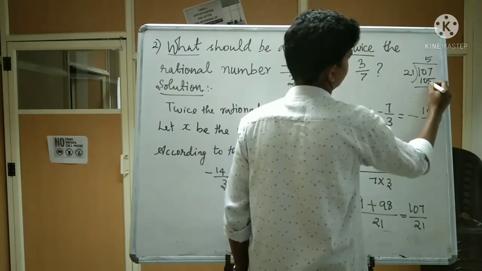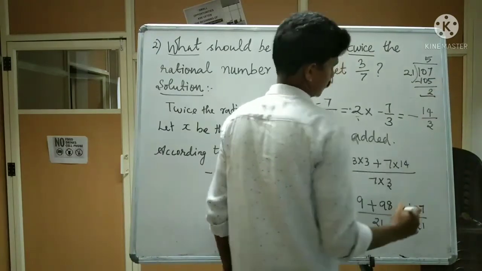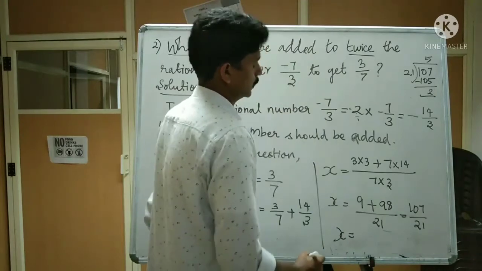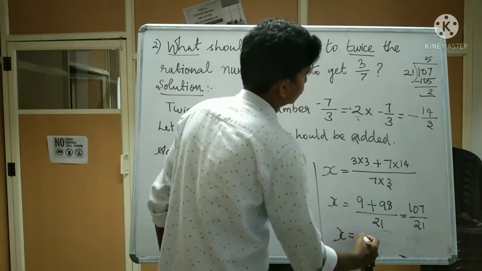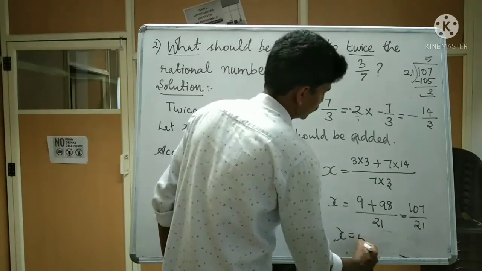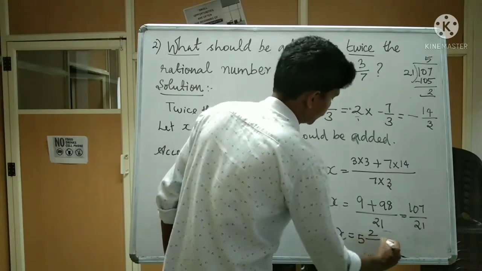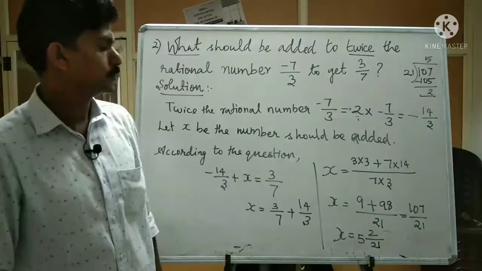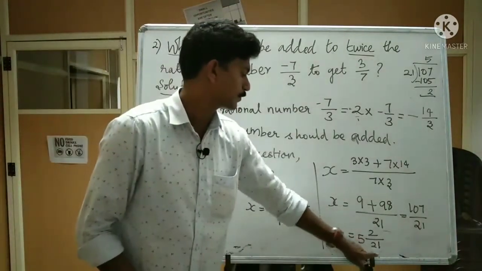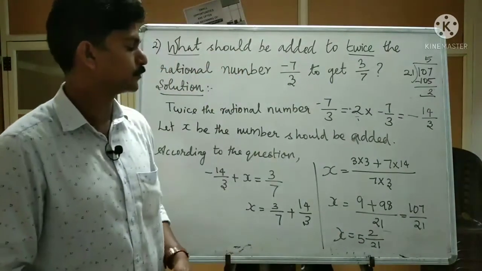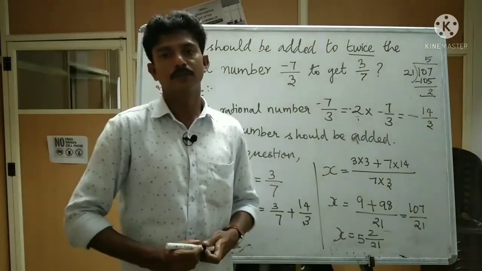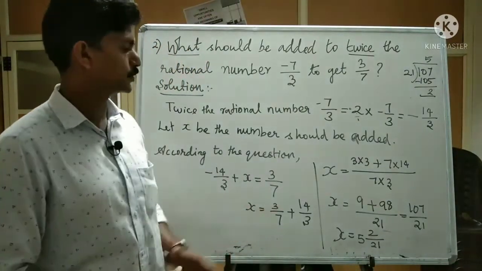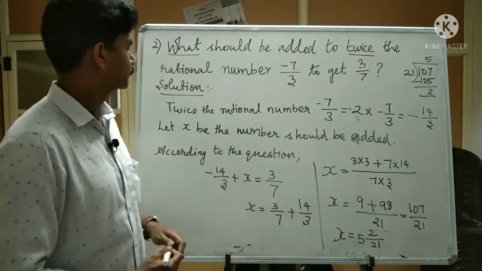Then the remainder is 2. So we can write x is equal to quotient 5 times 2/21. So x is equal to 5 2/21. That's the answer of this question. So that should be added to that number.